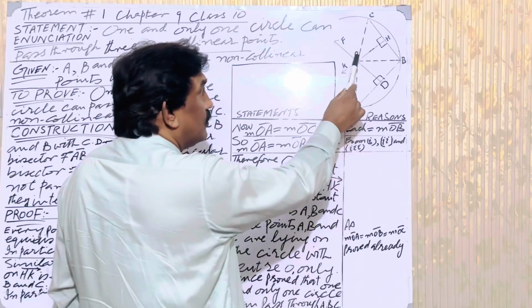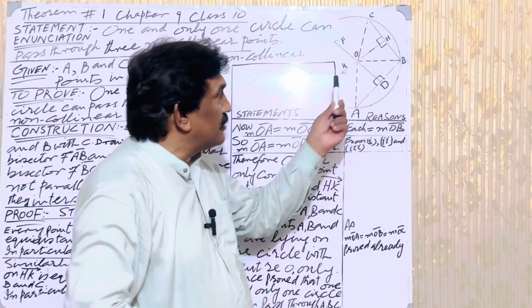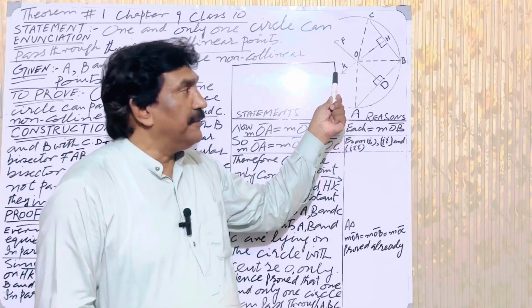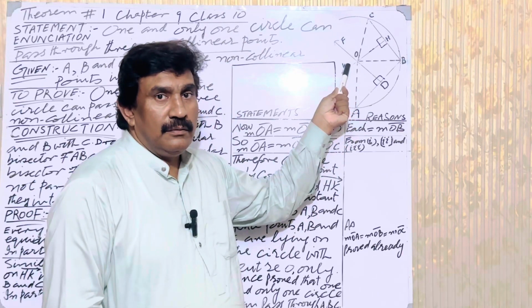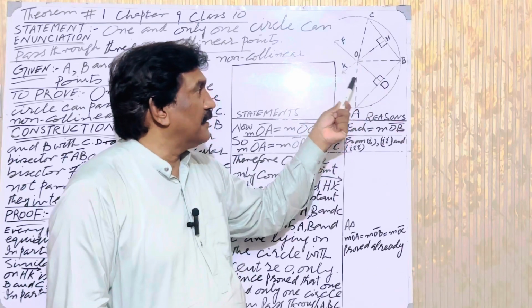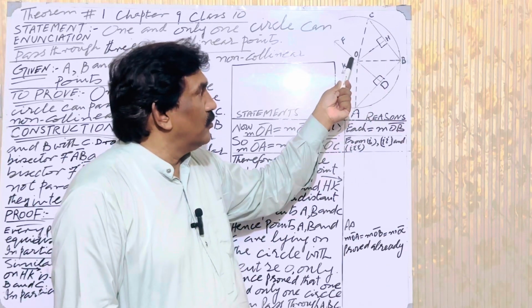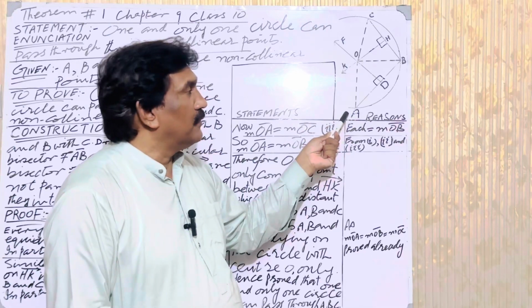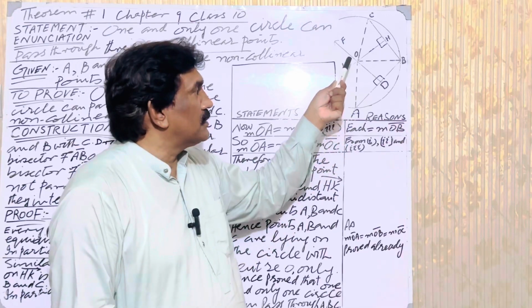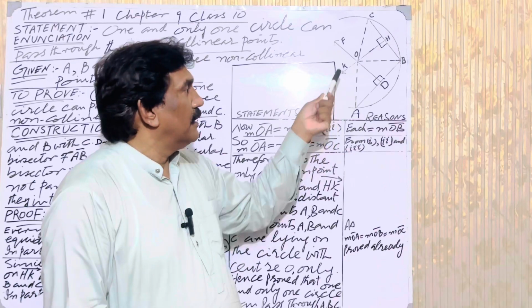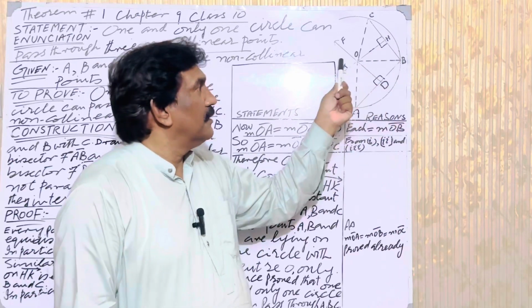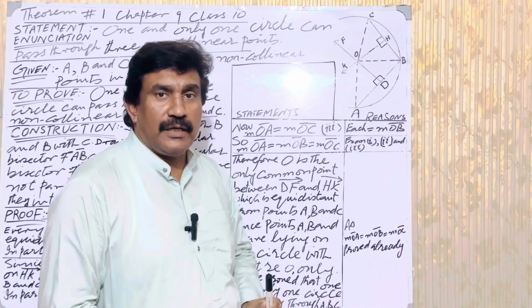That is why there is only one possibility, and that is O. If we take point O, which is the point of intersection of these two right bisectors, then only O's distance will be equal to OB's distance and OC's distance. Got it or not?